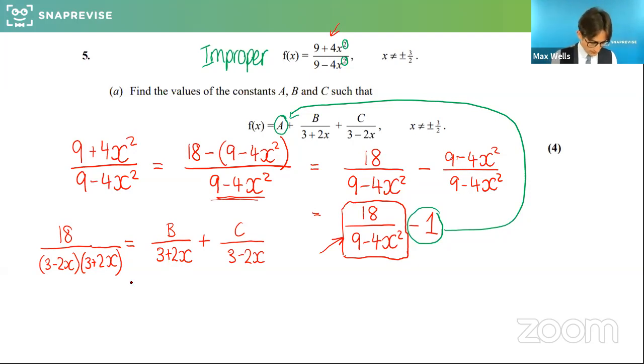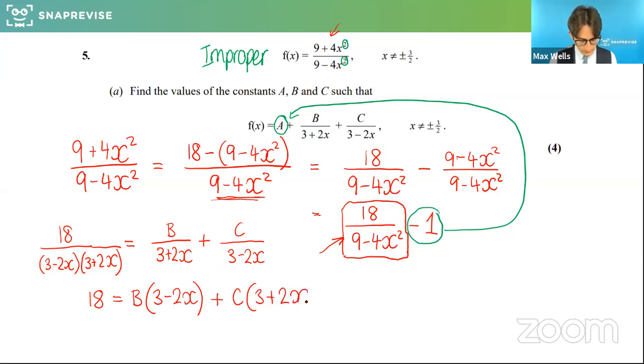Now let's go through from here, because this is actually the same technique as earlier. So what I can do is say, well, let's look at what's going to happen with the numerators. 18 is equal to b lots of 3 minus 2x, and c lots of 3 plus 2x. And then I could quite cleverly sub in different values for x.